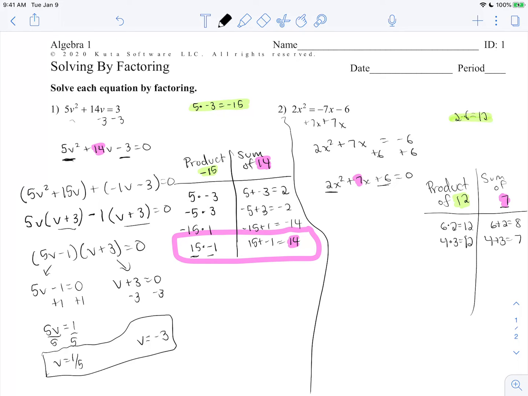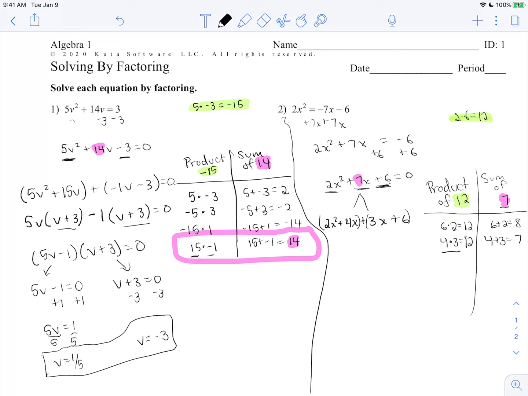Sometimes your table doesn't end up being as long as that first one. Again, remember we take these two numbers, so we'd say 2x squared plus 4x plus 3x. I put both the 4 and the 3 with an x, and then at the very end, we have this plus 6. So we've just broken up this 7 into the 4 and 3. We're not really changing it, we're just breaking it into parts.